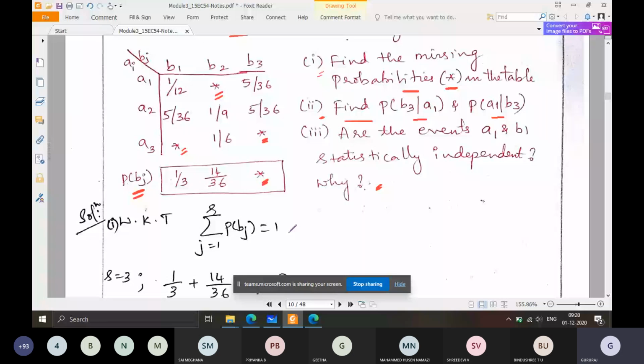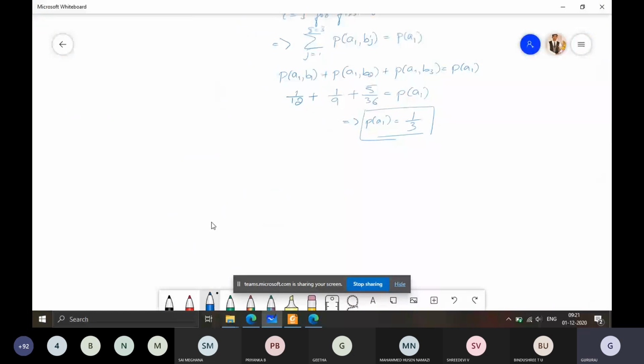Okay, so next, third sub question: are the events A1 and B1 statistically independent? So are they statistically independent and why? When such a question is asked, you have to verify this particular relationship. In order to find out whether they are statistically independent, you have to check P of A1 comma B1 is equal to P of A1 into P of B1.